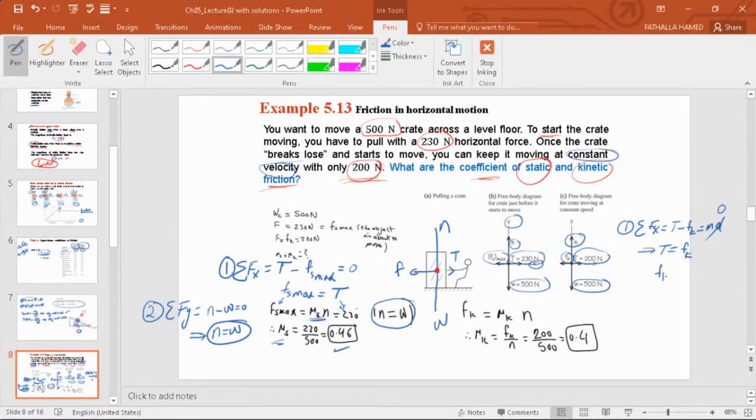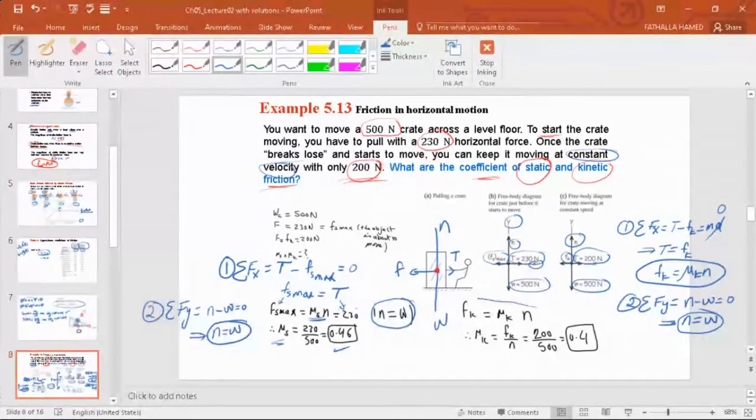And you know that the Fk should equal the mu k times the normal force. Where can we get the normal force? Well, you look at the y. Summation along the y should equal normal up minus weight down. It's not moving along the y, so it is equal to 0. And that basically gives you that the normal force is equal to the weight.